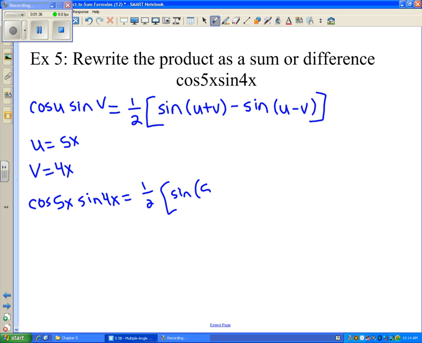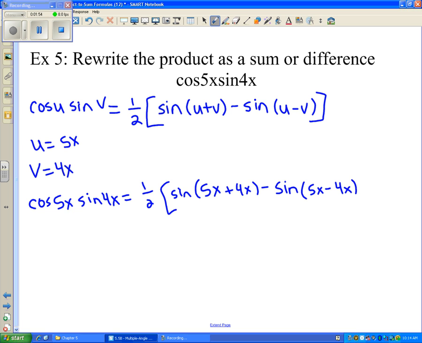Once again, u is 5x, v is 4x, minus the sine of u minus v, and once again, u is 5x, and v is 4x.